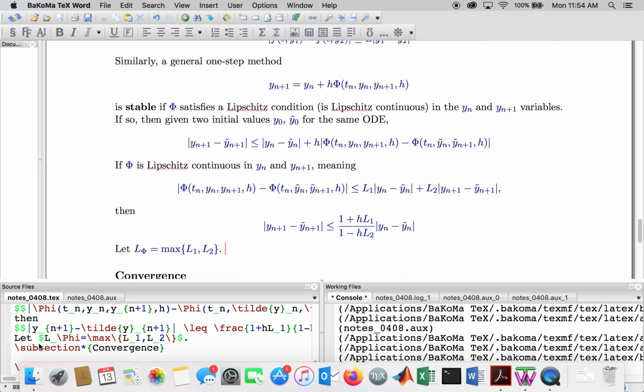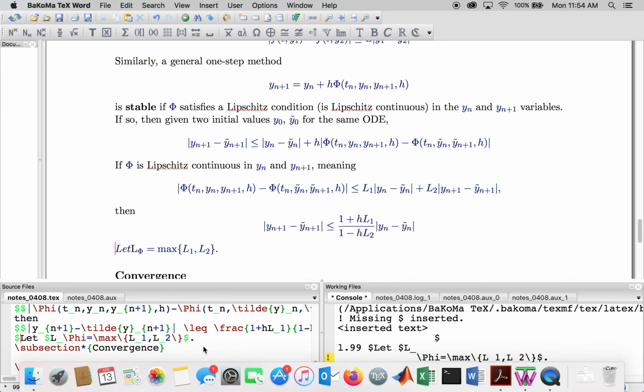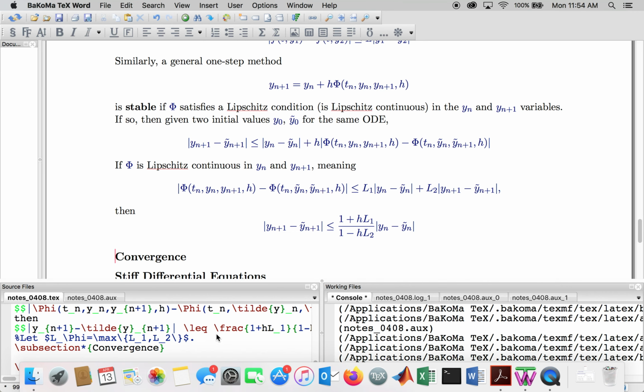Actually, no, I'm not going to do that just yet. So I want to work on this fraction a little more.